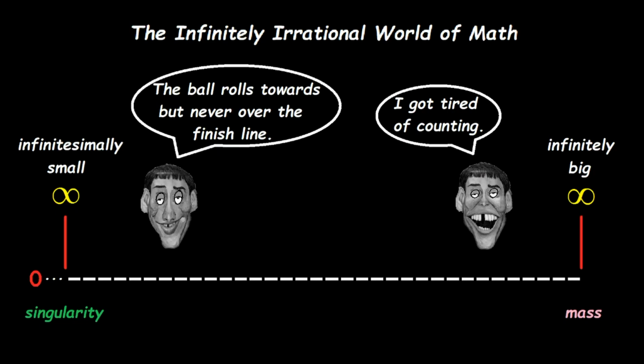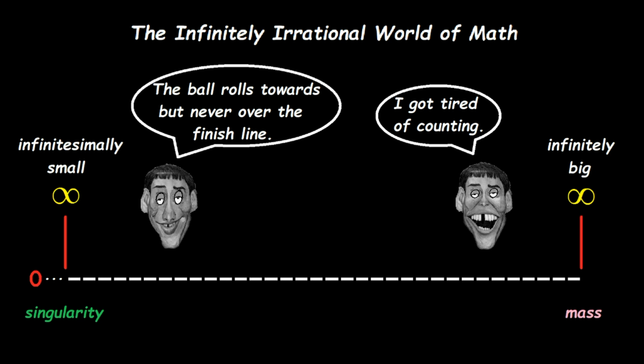Okay, so what's the problem? Well, part of the problem, or a big problem of the singularity, is this infinity, infinitesimal. They use these words, whatever they mean in physics. And here I'm going to show you what they mean, okay? This is important to understand. The infinitely irrational world of math, that's what it is.